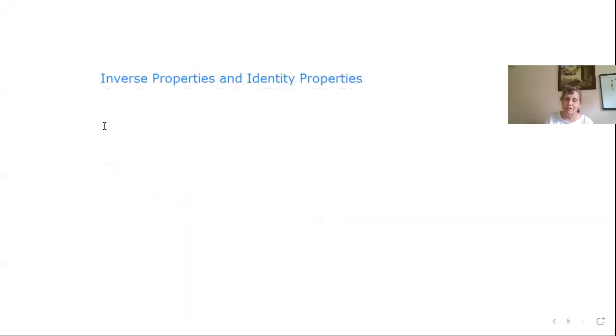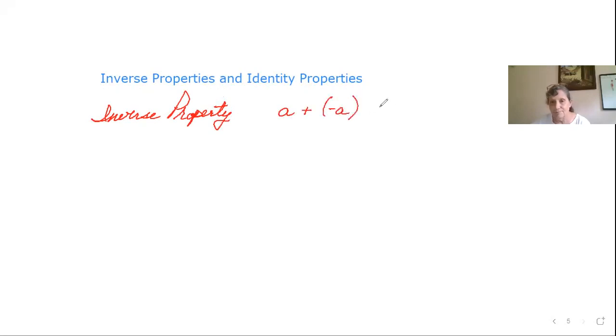So while we're at it, let's go ahead and throw in a little bit about inverse properties and identity properties. The inverse property, and this can be of addition, says that A plus a negative A is equal to 0. That's for addition. That's the inverse of addition.